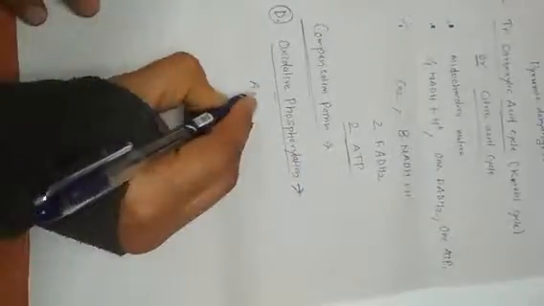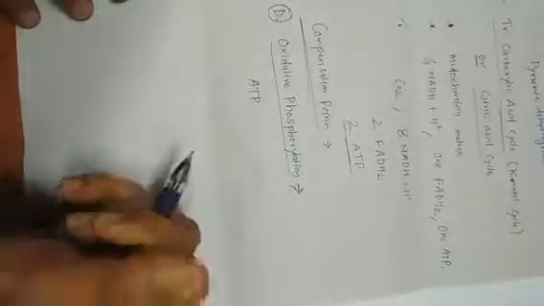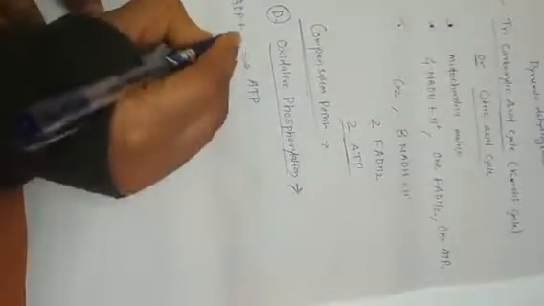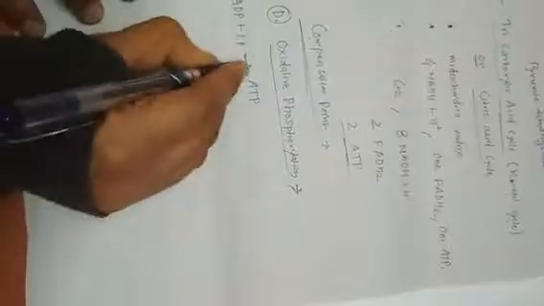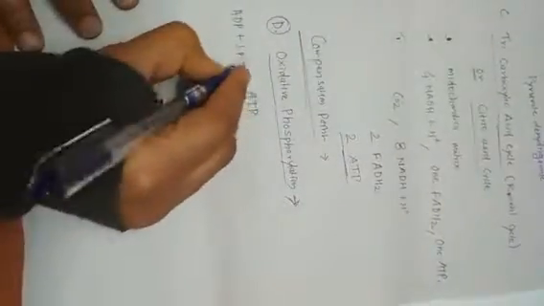The synthesis of ATP from ADP and inorganic phosphate using energy from the proton gradient is called oxidative phosphorylation. It means formation of ATP from ADP plus inorganic phosphate and energy given by protons.